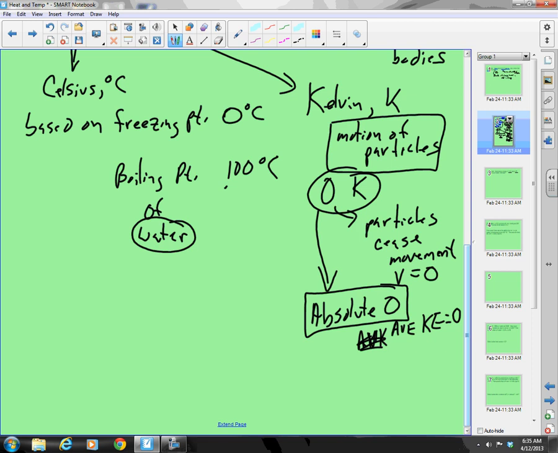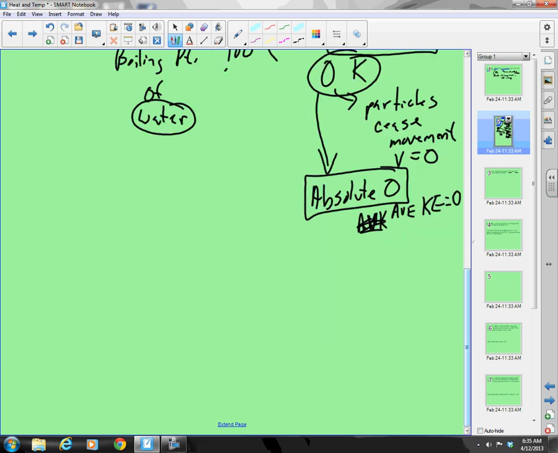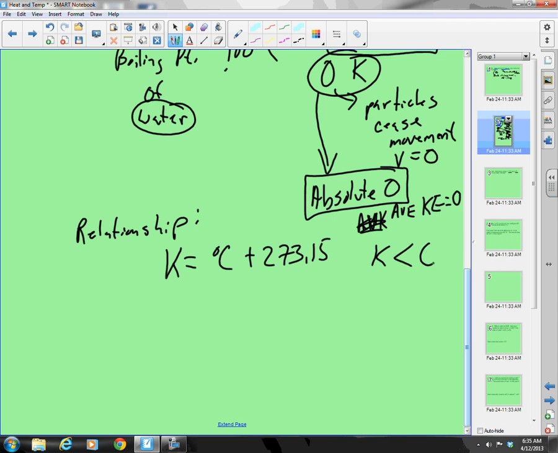And so let's add this. We have the freezing point. What's the relationship between these? We've learned this before, but just to remind each other: Kelvin is equal to degrees Celsius plus 273.15. And remember, Kelvin can never be less than 0.